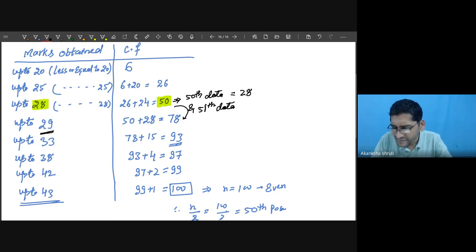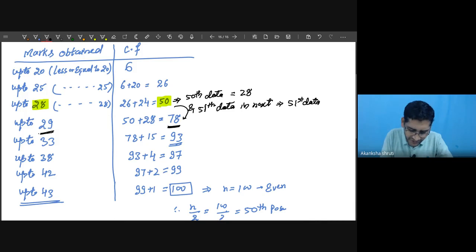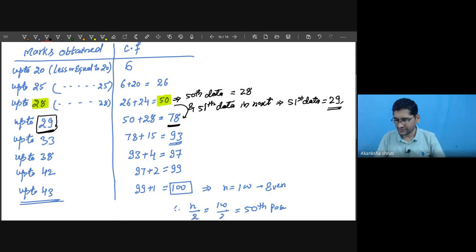The 51st data is in the next one. So what is that? Even up to 78 there is. So this implies the 51st data: up to 78 data, the value of that 78th data, means data from 51 to 78, is our 29. Okay? So this data is our 29. Observe this.